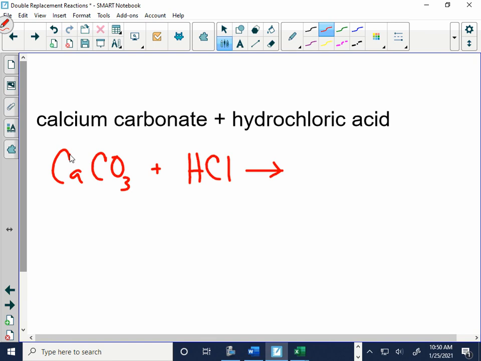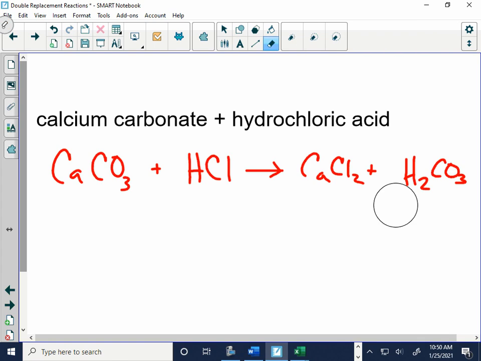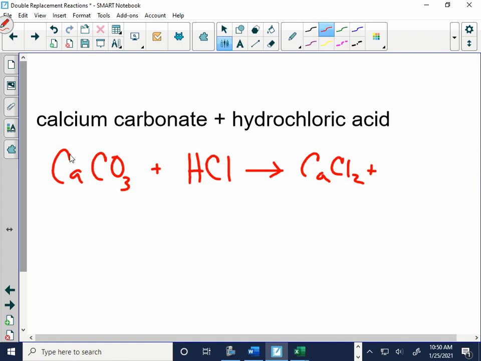If I do so, I'm going to get calcium chloride, and I would also get carbonic acid. Well, the only thing, though, is that H2CO3 will break down into what 2 things? Water and carbon dioxide.